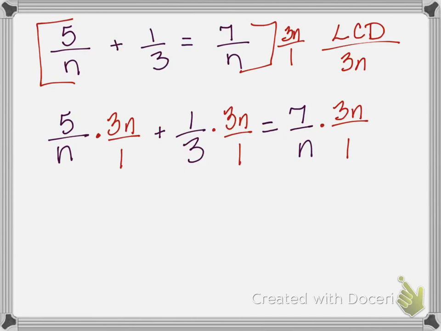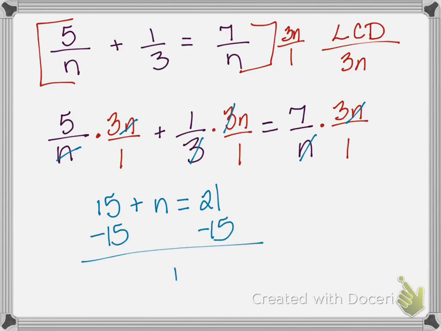If it's on the top and the bottom, I can cancel it. So I have n and n, so I'm left with 15. 3 and 3 cancel, so I'm left with n. Then I have an n and n, and I have 7 times 3, which is 21. My next step is to subtract 15, and I get n equals 6.